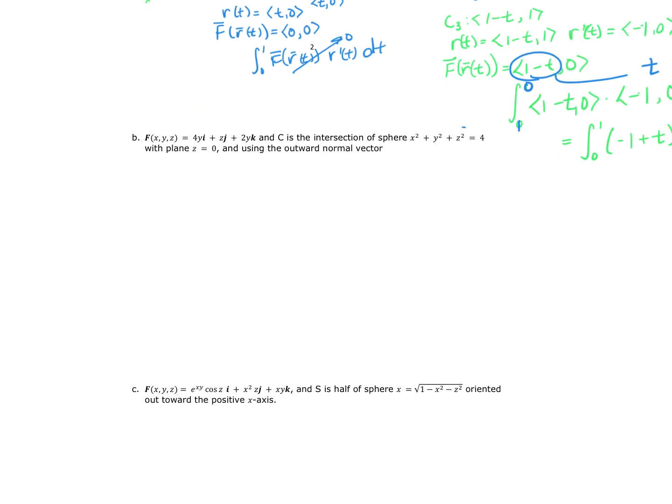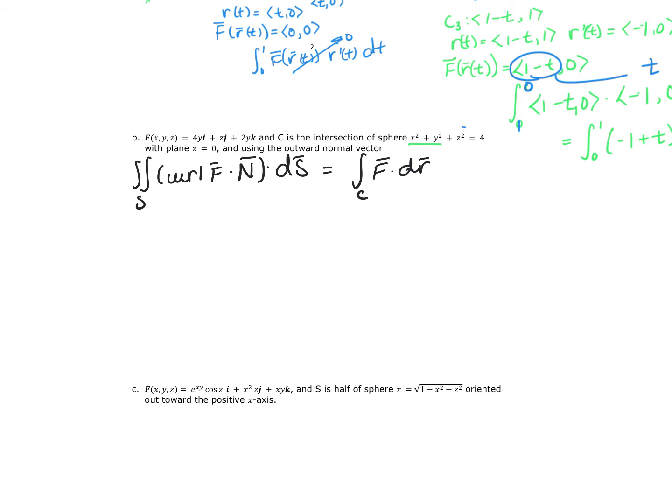Okay, now let's take a look at the second example here. For this one, what we're going to use is Stokes Theorem, which is the integration along the surface S of the curl of f dotted with the normal vector dS is equal to the integration along the curve of f dotted with dr. So I need to parameterize.